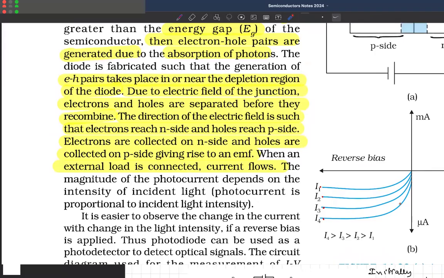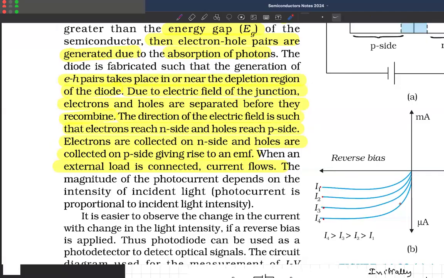Then what is the reason behind this? You are exposing light, fine. So what? The moment you expose the light, the moment electron hole pairs are created, before they recombine, the strength of the field is so high that it makes them drift or cross the barrier.